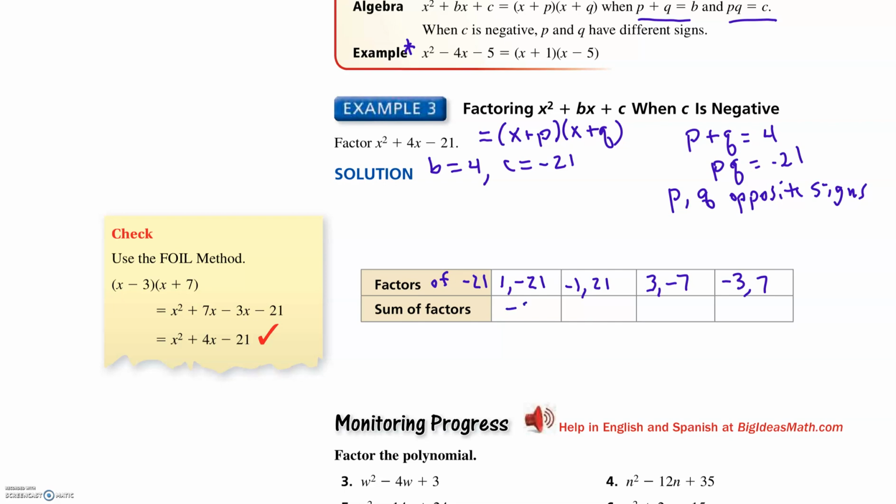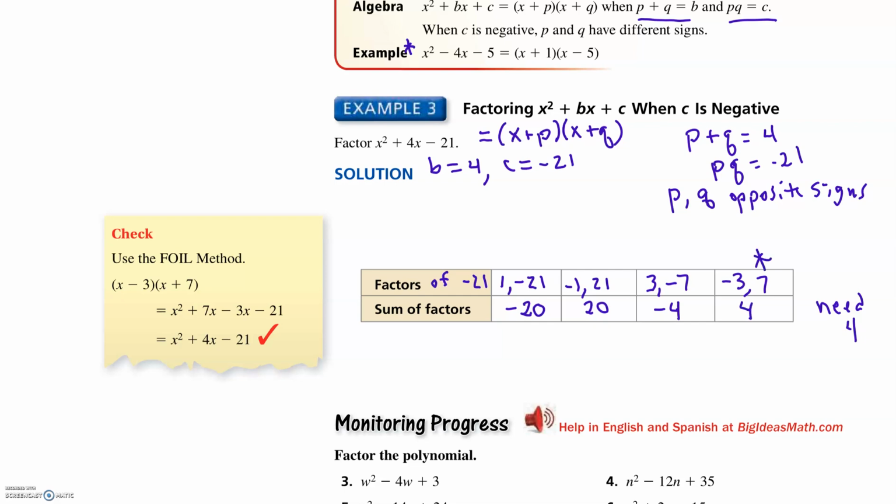So 1 plus negative 21 is negative 20. Remember what we're looking for? We're looking for a sum of 4. We need a 4. This one's not going to work. That's 20. 3 and negative 7 add up to negative 4. If you're only off by a sign, if you just switch, negative 3 and positive 7 are going to add up to 4.